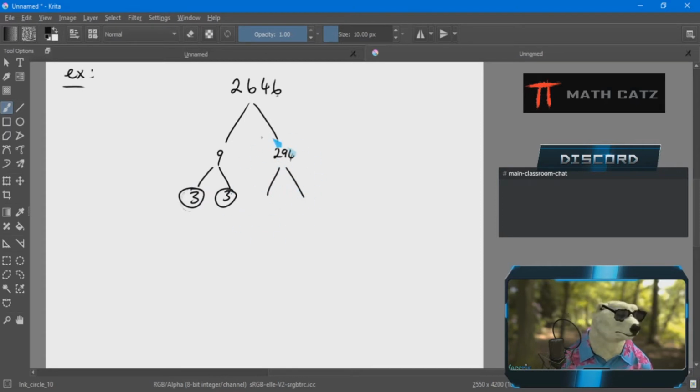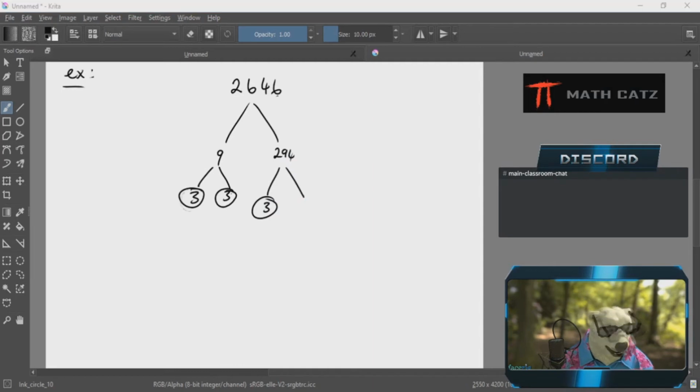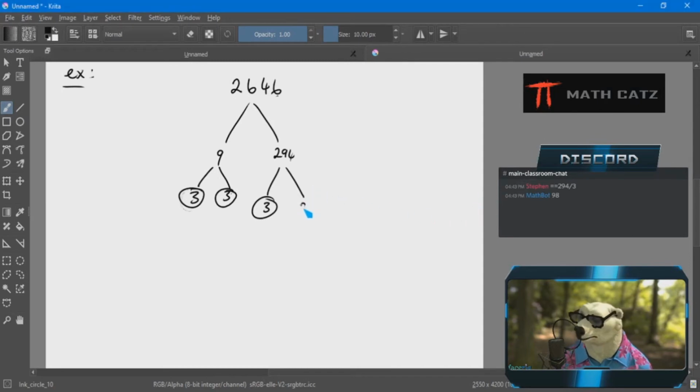294. Let's pick some factors. 3, 3. And then 3 goes into that. How many times? I don't need to, but it's good to do it in your head. But then there's something to see. 98.